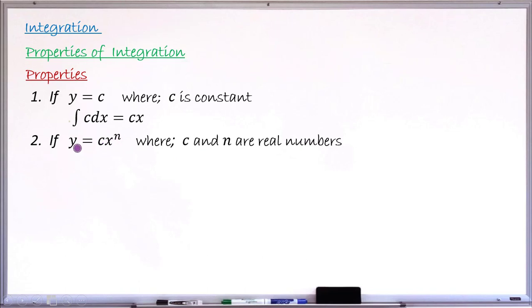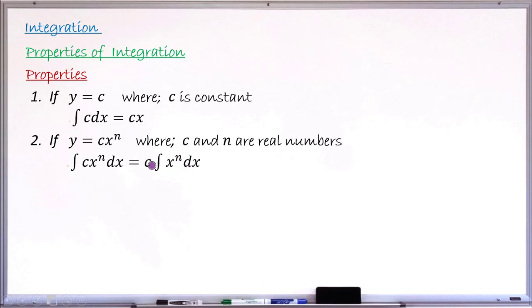So if you have y equals 2x raised to the power of whatever, or y equals 5x raised to the power of whatever number you have there, and you want to find the integral of this, the property says the integral of cx raised to the power of n dx is c multiplied by the integral of x raised to the power of n dx.